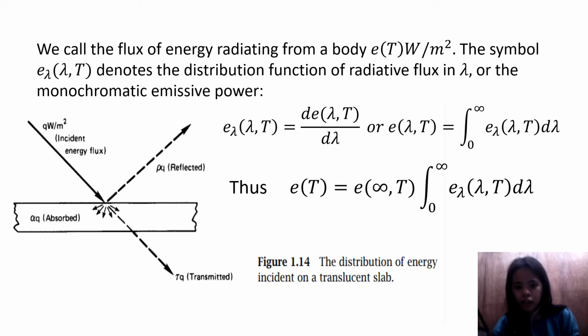So E_lambda(lambda, T) is equal to dE(lambda, T) over d lambda.